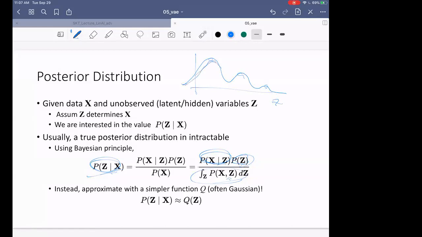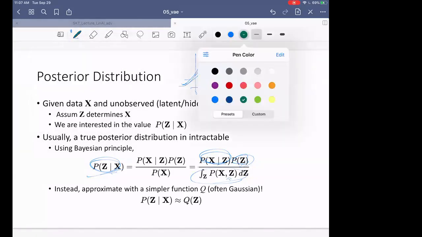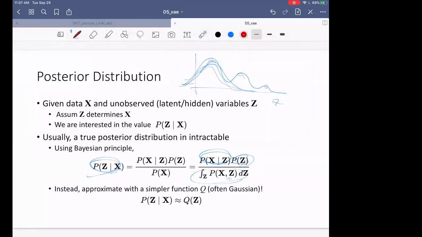So it either looks like this and you are satisfied with this looking Q, or another choice is maybe you try to contain everything. And in this case, it's not a very good approximation.